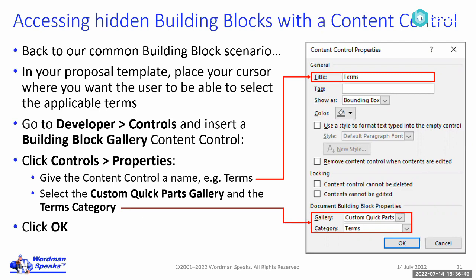If you remember, we put all of our terms in the custom quick parts gallery, and we gave them the category terms. Obviously the terms category will be available in the drop down once you have saved that common building block file in the specific folder. If you didn't put it there, then it won't be available. So you need to do that first, and then click on OK.